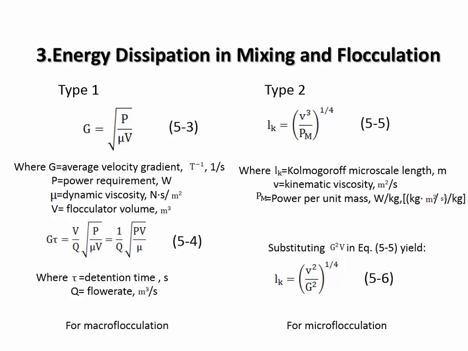So if we use G to figure it out, it will be hard. So table 2 is for microflocculation, where some results may be 0.0000, many zeros.